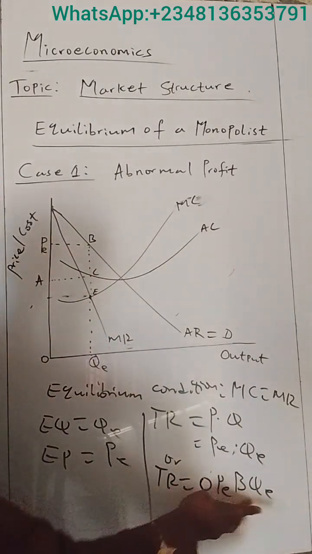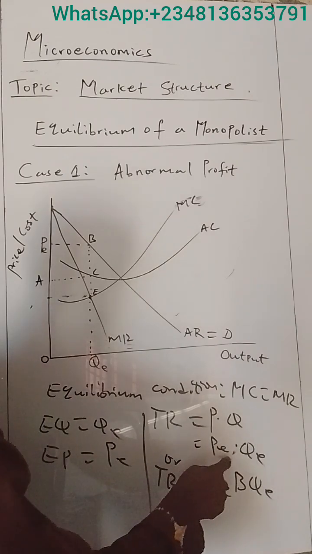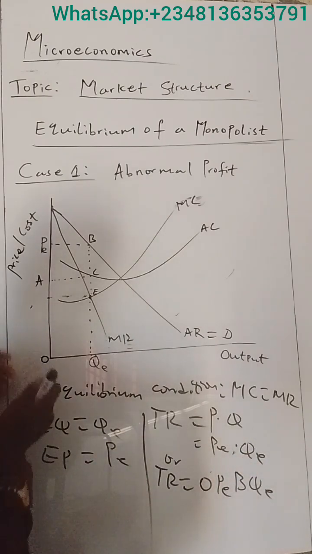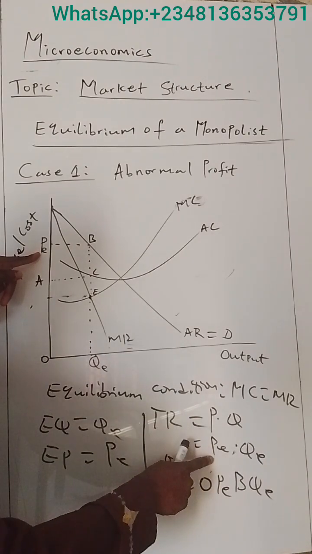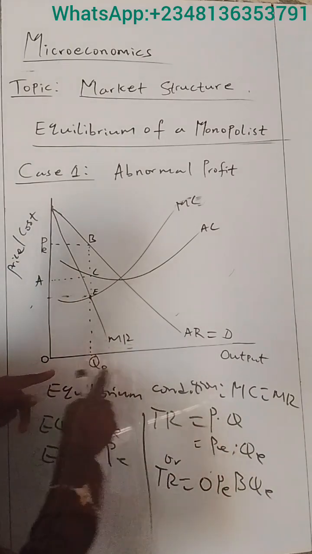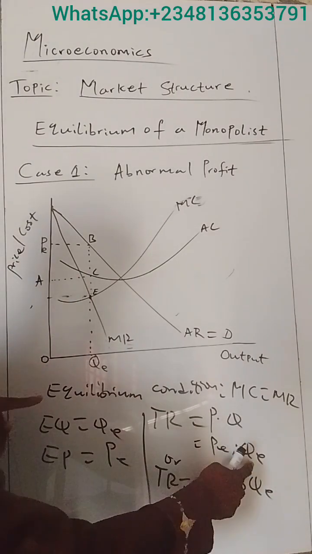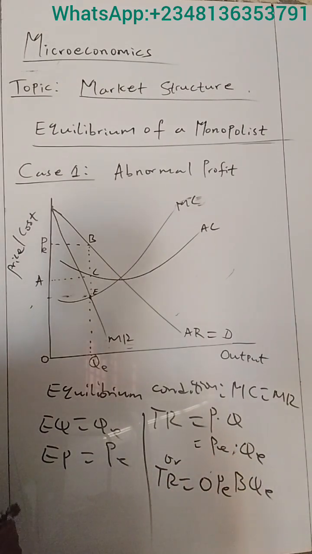The area of this rectangle is PE times QE. For example, this side is simply PE minus 0, multiplied by the breadth, QE minus 0, so we have PE times QE. You can see these are equivalent.